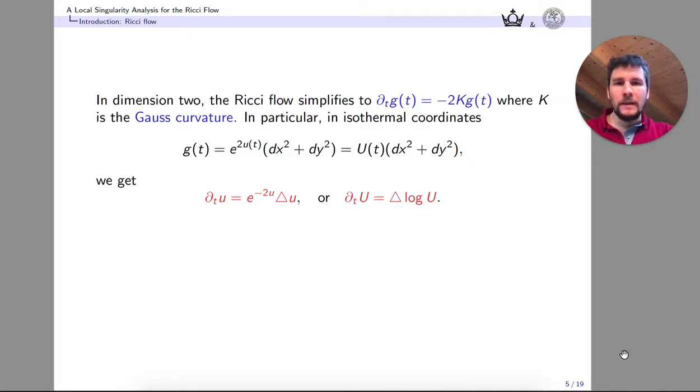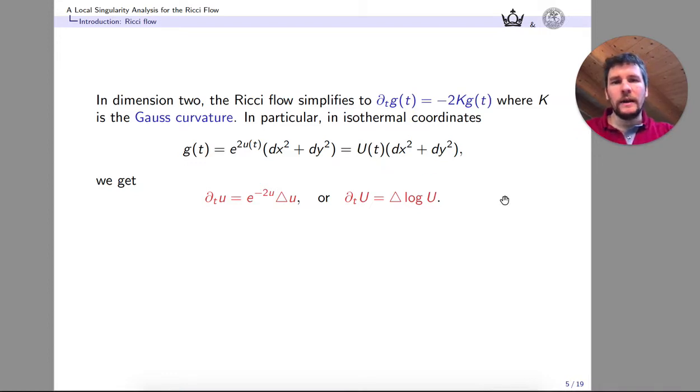Now if we are in dimension 2, we can write the metric in a very nice form. We can write it in isothermal coordinates, and then basically the whole metric is fully determined by some conformal factor, which usually one writes as e to the 2u, but we can also write it just as a capital U of t.